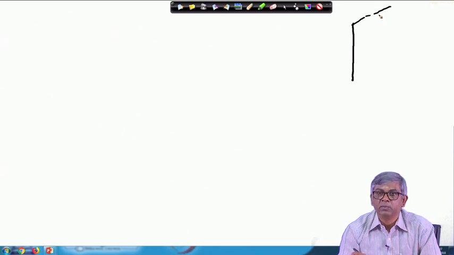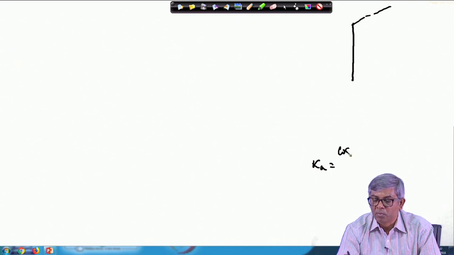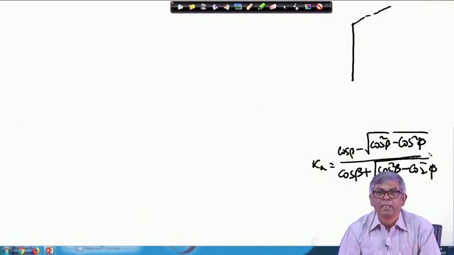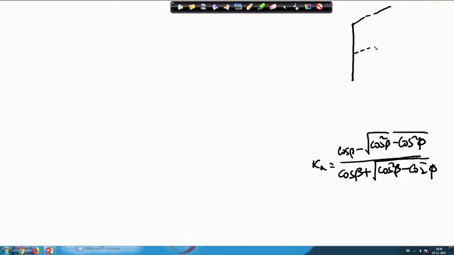From Rankine's theory, though Rankine's theory is for a horizontal backfill, we have learned that when there is an incline we have an expression for Ka equal to cos beta minus under root cos square beta minus cos square phi divided by cos beta plus under root cos square beta minus cos square phi. We have also shown that the resultant pressure will be acting parallel to the backfill slope.